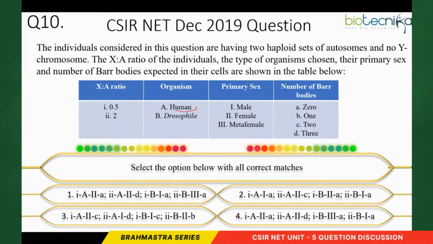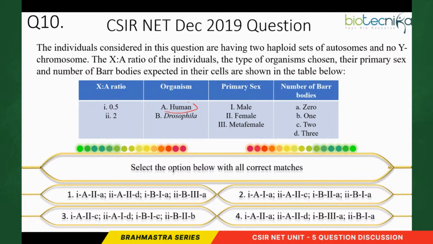Whereas in humans, XX will give rise to female and XY will make the male. But here in the question, they have said the individuals considered have two haploid sets of autosomes and no Y chromosome, which means for humans, with no Y chromosome, you will not have male.